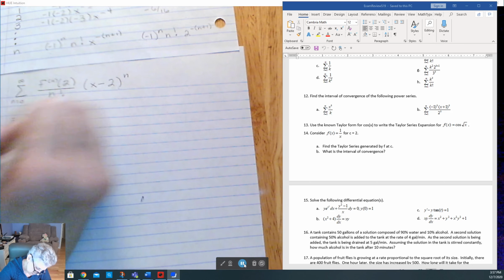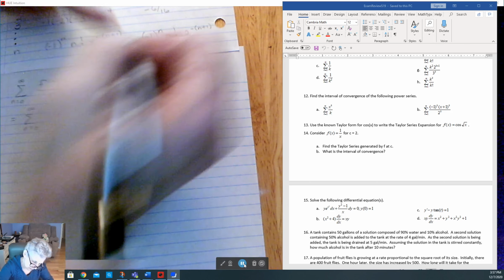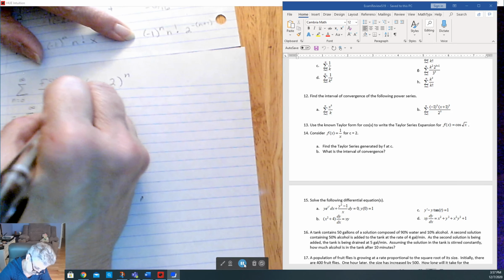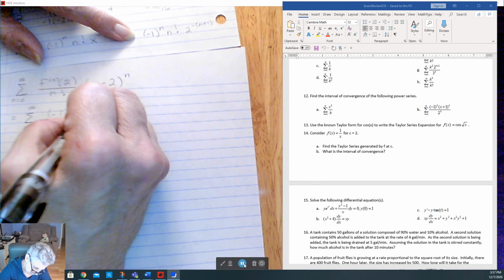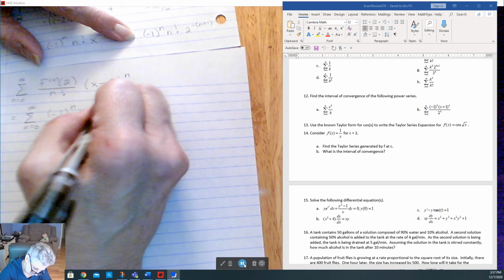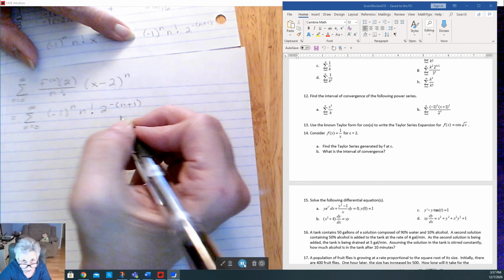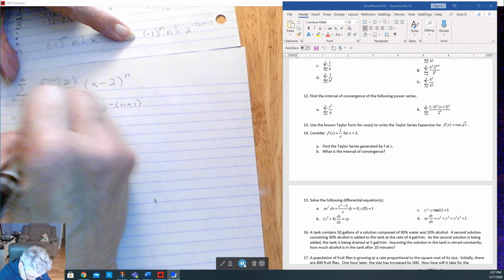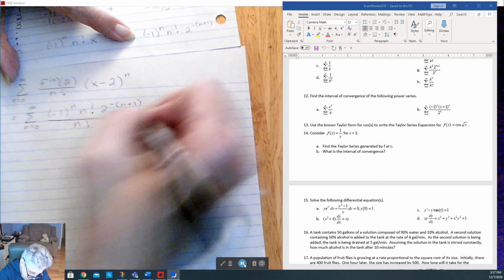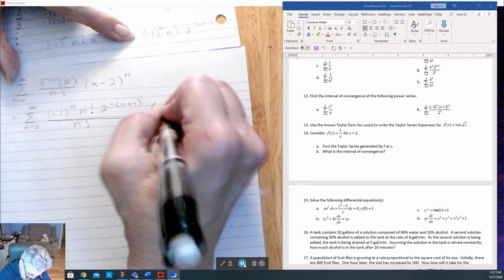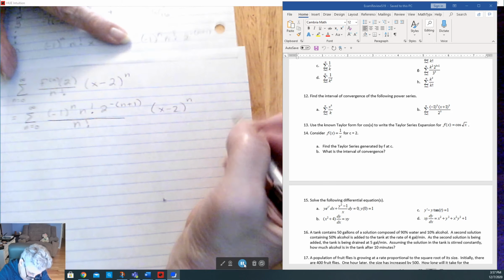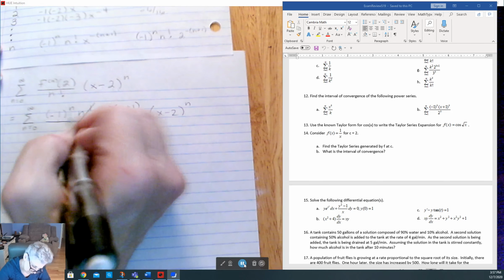So the sum, n goes from 0 to infinity, (-1) to the n, n factorial, 2 to the negative (n plus 1), you could put that in the denominator if you wanted to, over n factorial times x minus 2 to the n power.